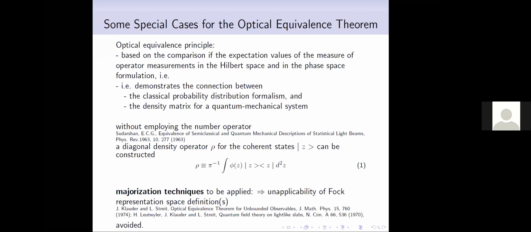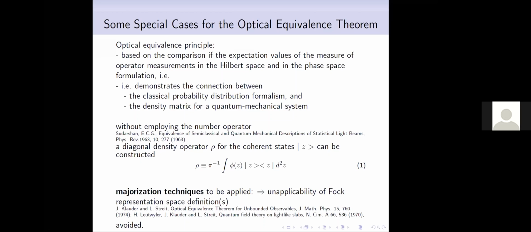And if we look at laser fields, for example, at very high energies, the calculation of the density operator needs kinds of approximations, and these calculations can be done also in the case when the Fock space description is not applicable because of very high energy states or infinite energy states.